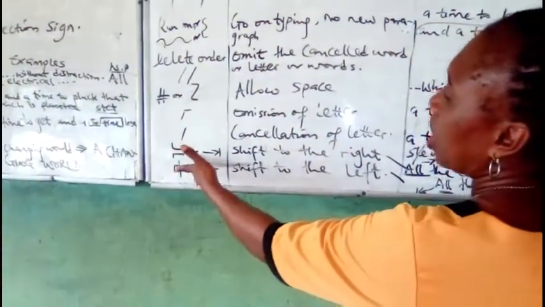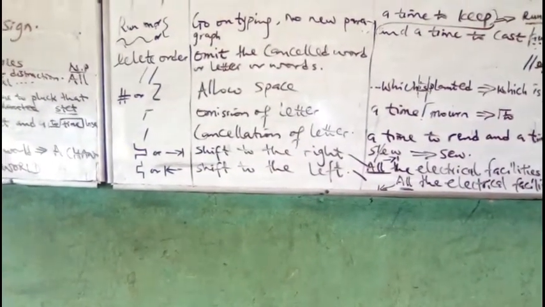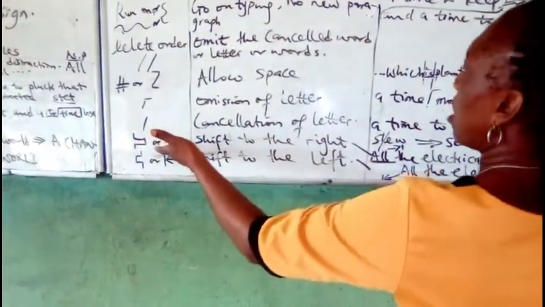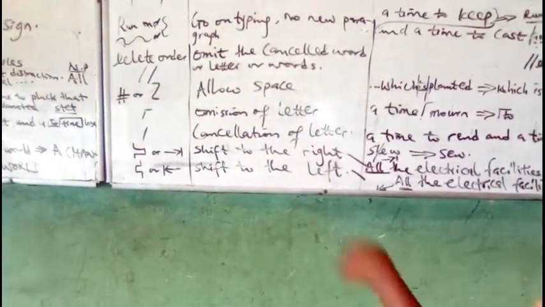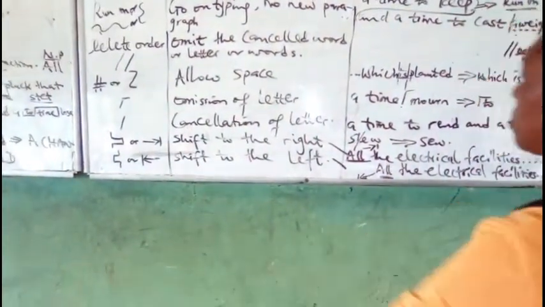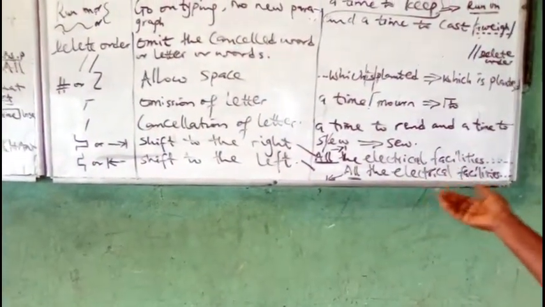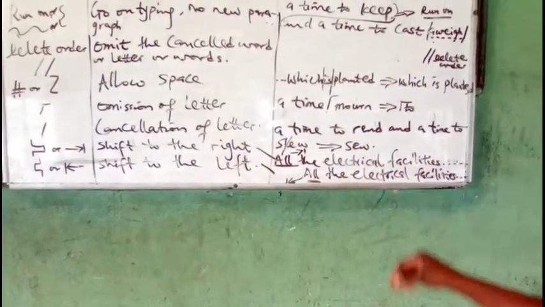Then we have shift order. This arrow here is telling us to shift to the right, while the other one is telling us to shift to the left. And I still maintain my example, "all the electrical facility".